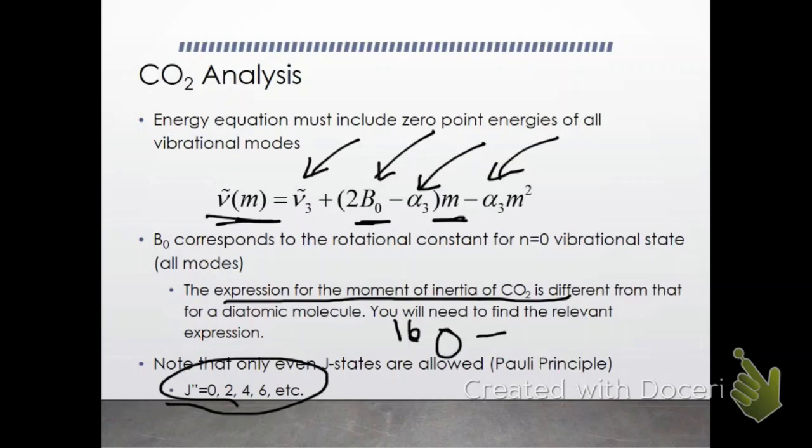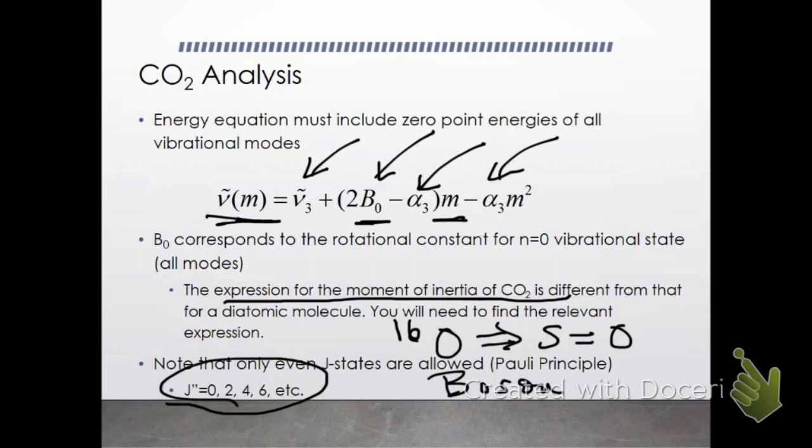Oxygen-16 has a spin quantum number of 0, and that means it is a boson, and the wave function has to be symmetric with respect to exchange of bosons. The net result is that for the n equals 0 vibrational level, only the even J levels are allowed. That means that molecules cannot exist in J double prime equal 1, for example, when the vibrational quantum number is equal to 0.